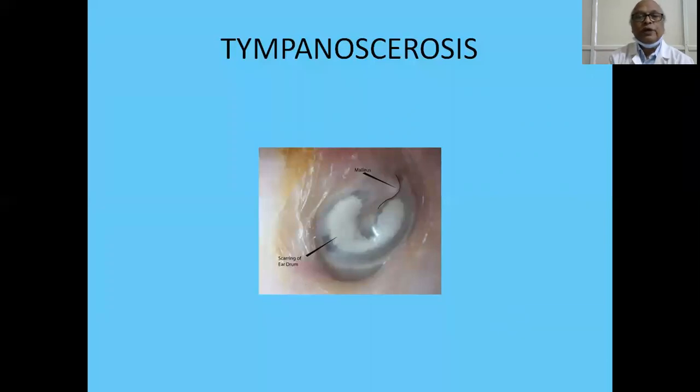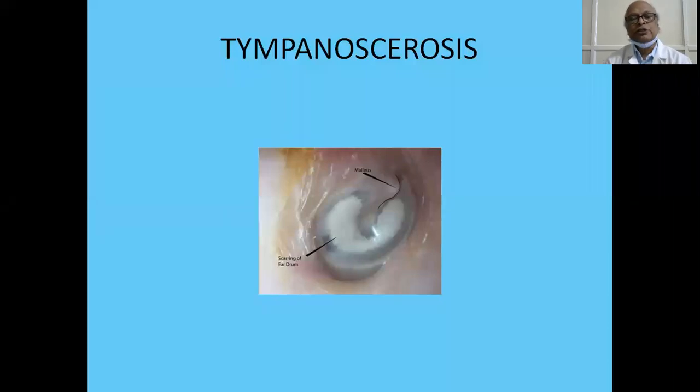Sometimes it is so severe that it extends beyond the tympanic membrane into the middle ear cavity and involves the ossicular chain, and there may be ossicular fixation giving rise to severe hearing loss.